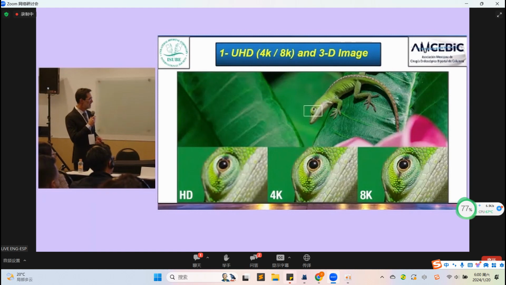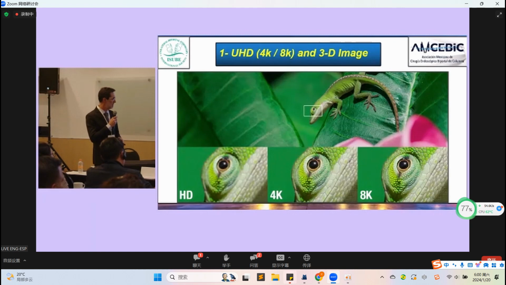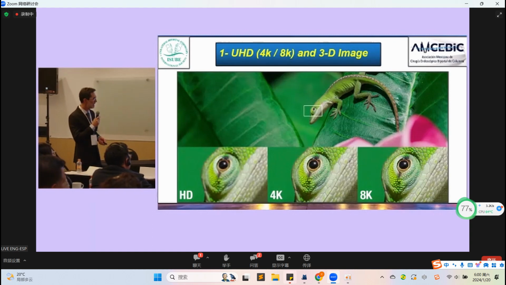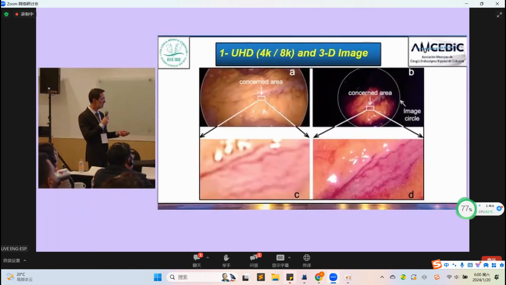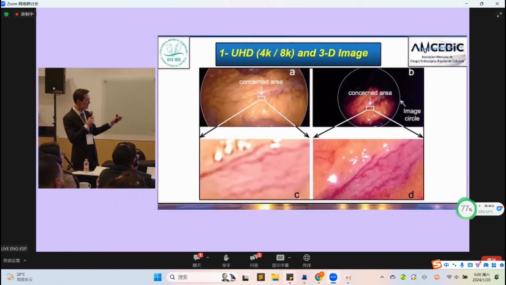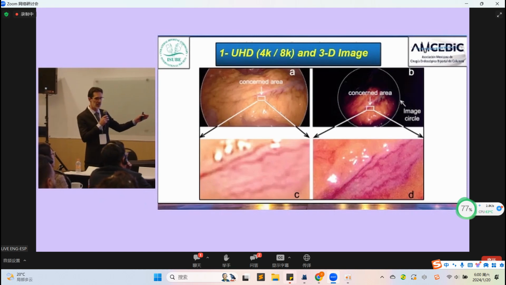And another important thing is magnification. It's possible to magnify in 8K while maintaining all of the image, the edge of the image, the color of the image. The magnification can help us in surgery. We can compare the right and left side, full HD and 8K.